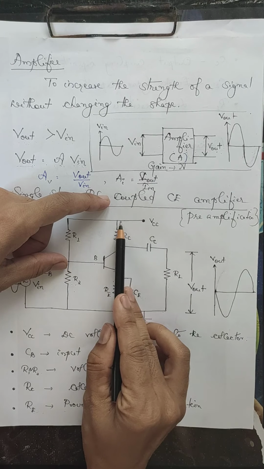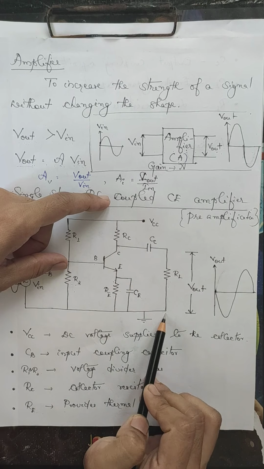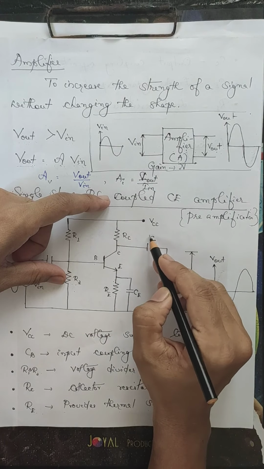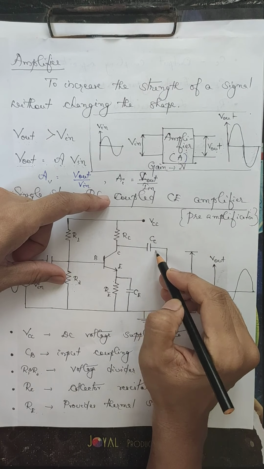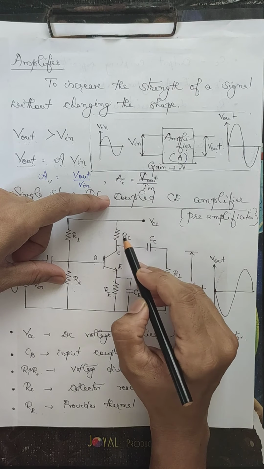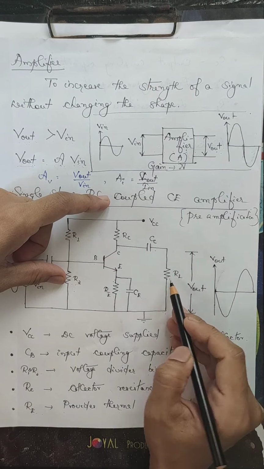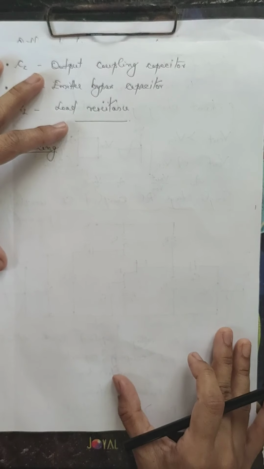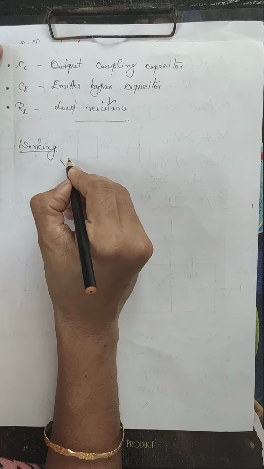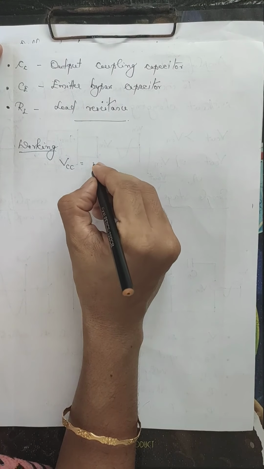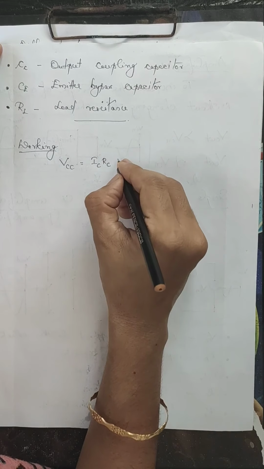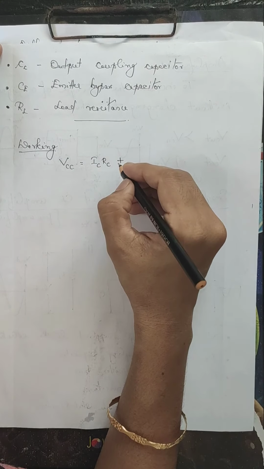So voltage across this branch will be VCC. So if we neglect the voltage drop across coupling capacitor, we can say that a part of the VCC appears across RC and remaining across RL. Hence, we can write the voltage equation for that particular path as VCC is equal to drop across RC, that is IC into RC, plus drop across RL.